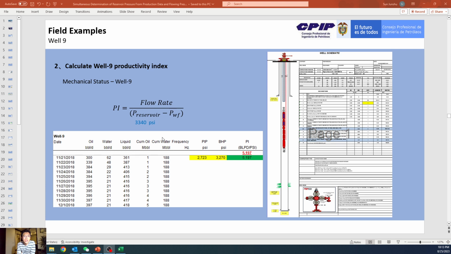From the intake pressure, we get the flowing pressure, and then we calculate the initial productivity index as 5.197 barrels per day per psi.